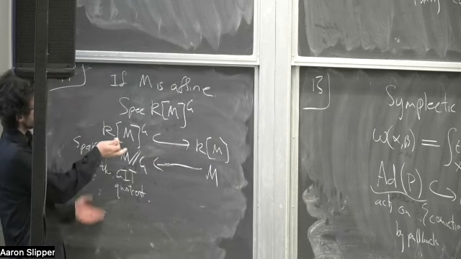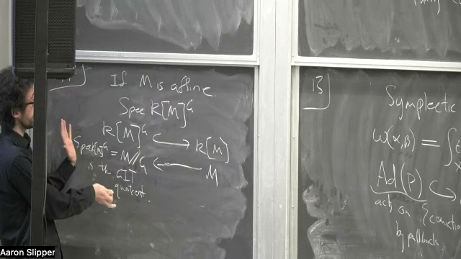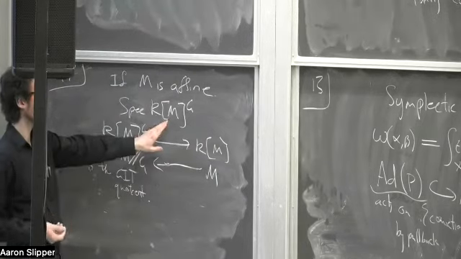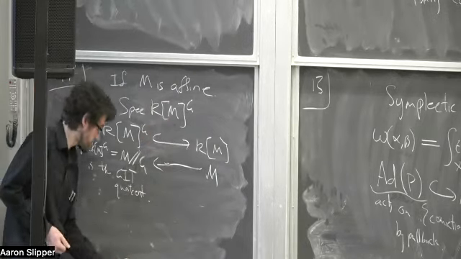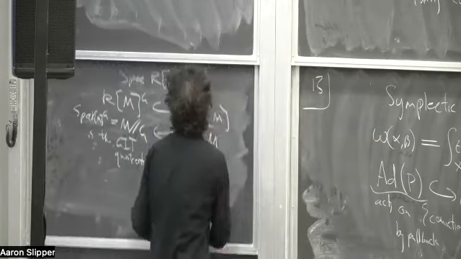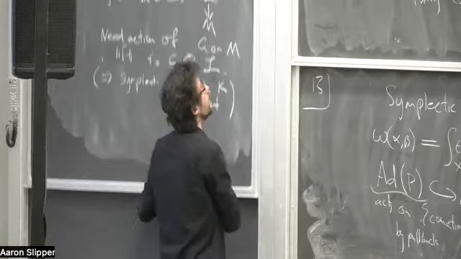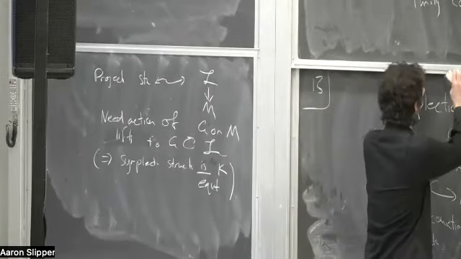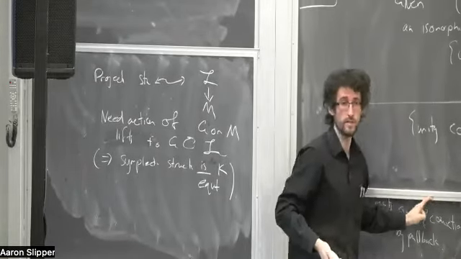Okay, and this is some approximation to describing the G orbits on M. It's a consequence of a theorem of Haboush. Points correspond to closed orbits.